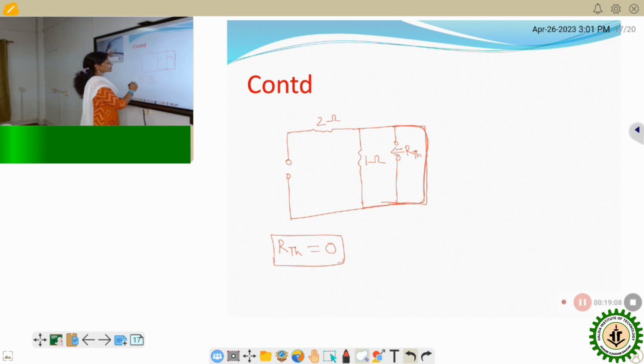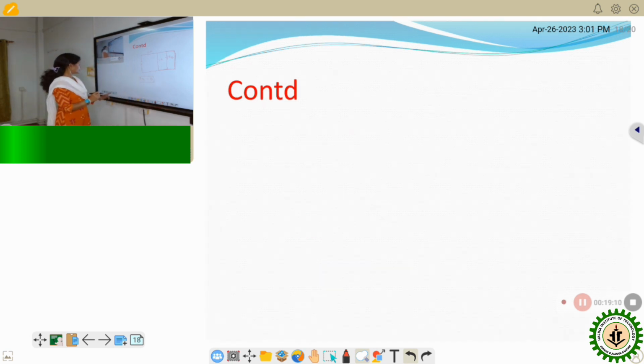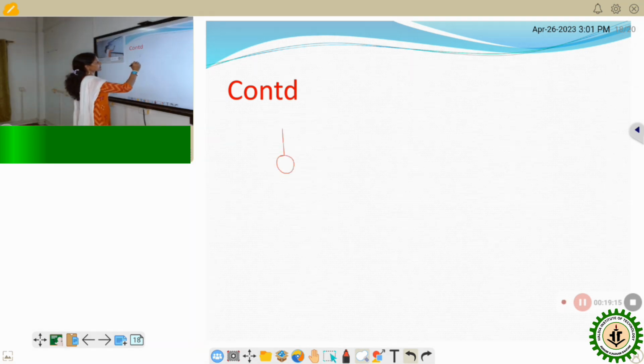After calculating RTH, draw the Thevenin equivalent circuit, and this is the Thevenin equivalent circuit.